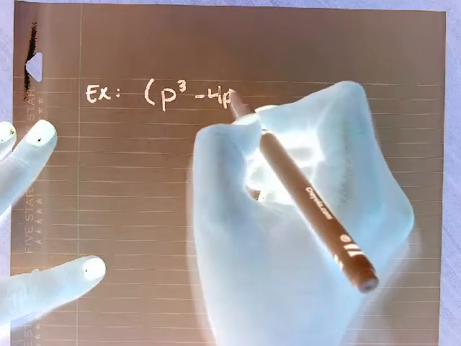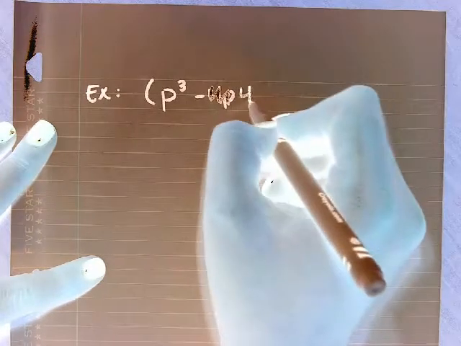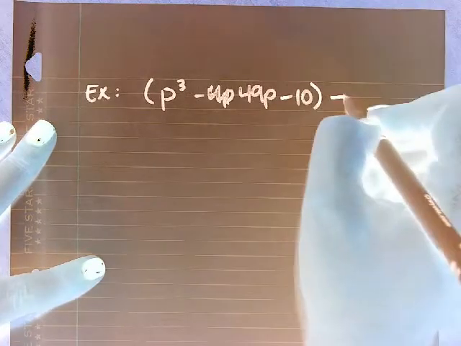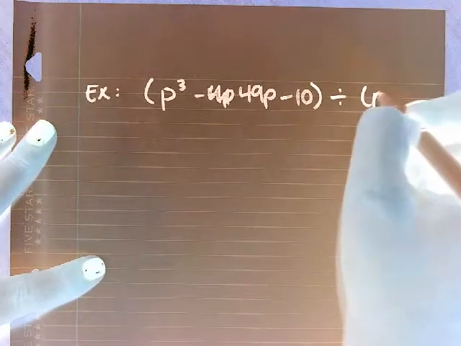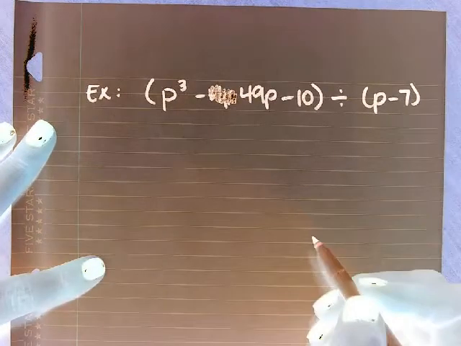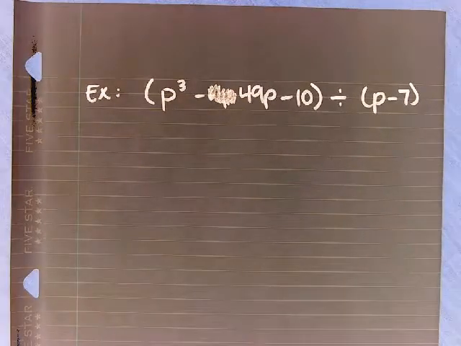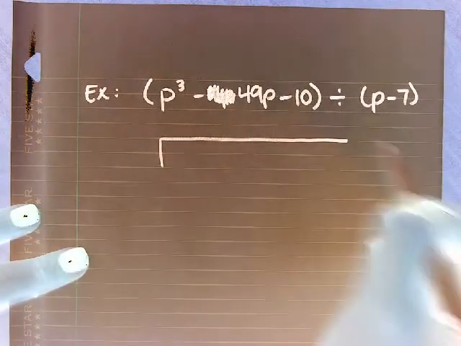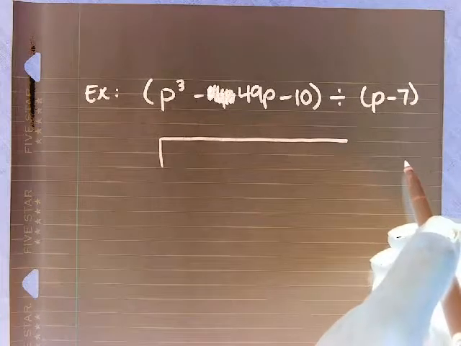Oh, 49. That's supposed to be a 49. Minus 49p minus 10 divided by p minus 7. I gave them to you in order this time. Can anyone tell what's weird about this problem? Yeah, it's missing the squared.